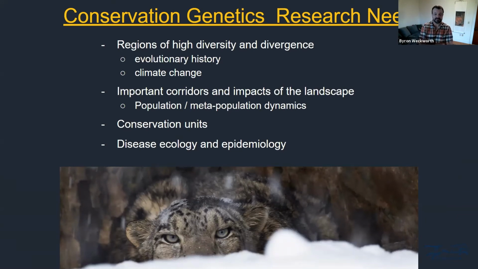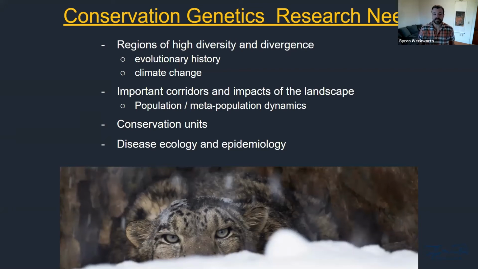So getting at subspecies or ecotypes, or these large scale definitions of evolutionary history, and then also using that to inform how climate change might impact some of those things. I'll get into some examples in a minute.